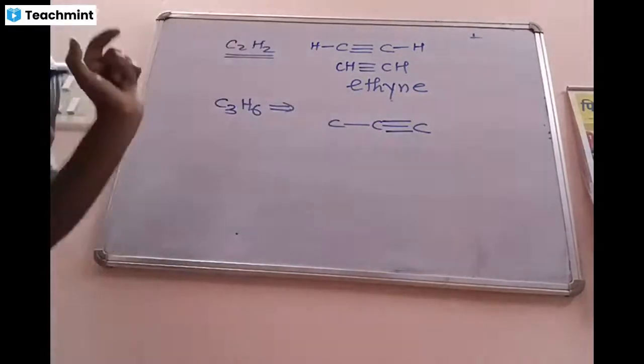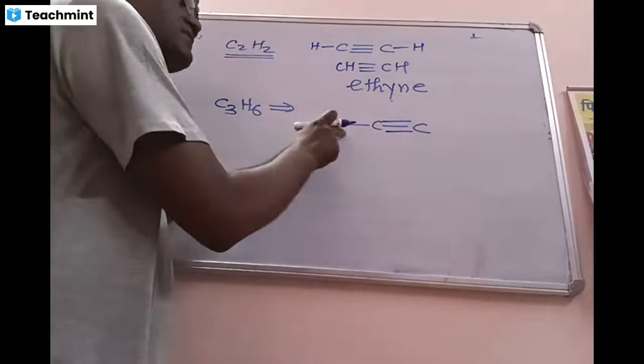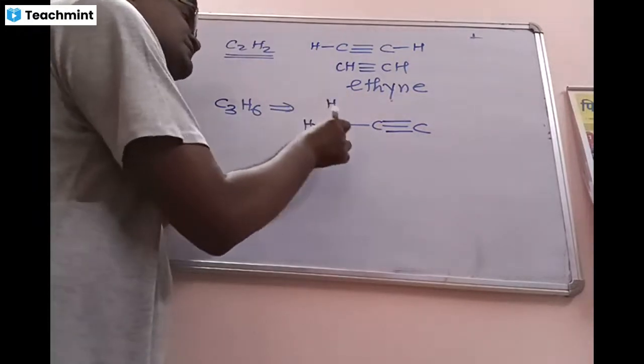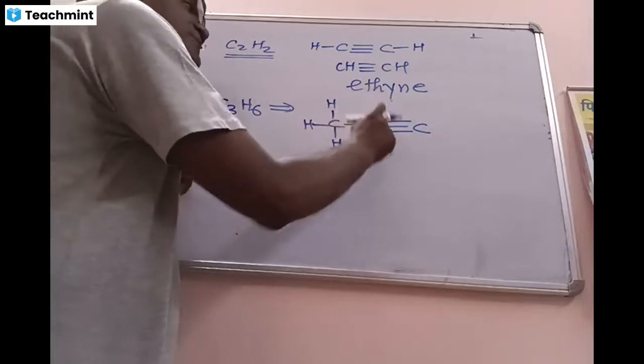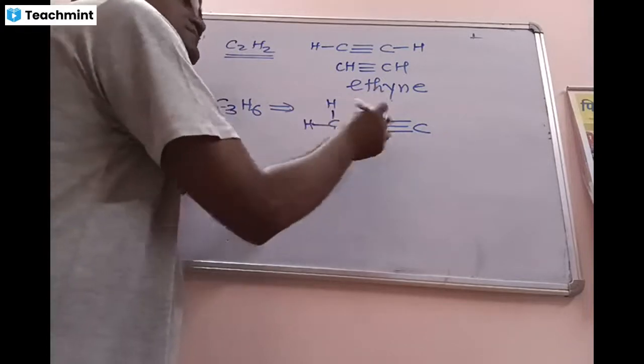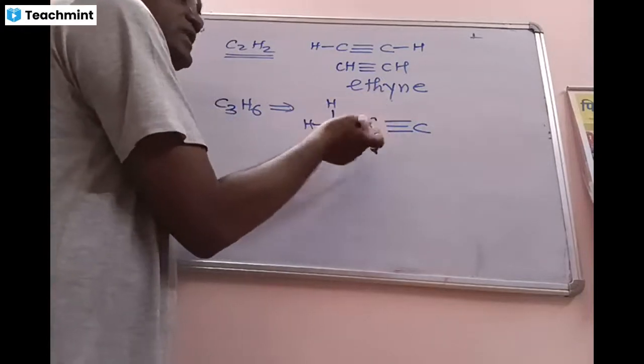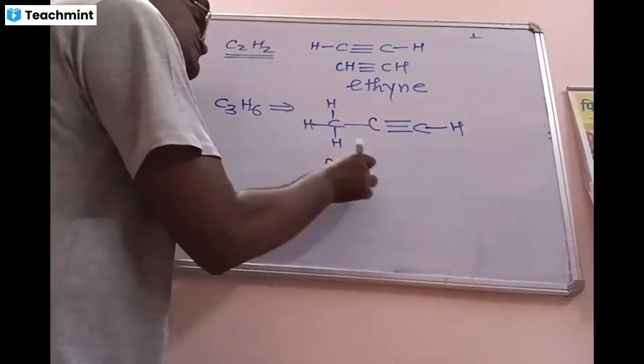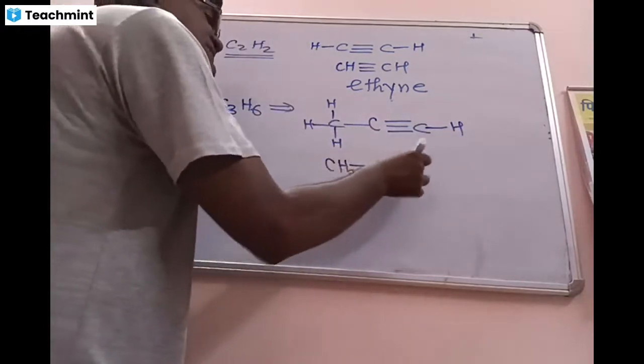Now we go for the valencies. What about this carbon? Single valency, so three hydrogen atoms are required, and we have given them. Then what about this carbon? Zero, there is no need of hydrogen. If you condense it, this will be CH3C triple bond CH.